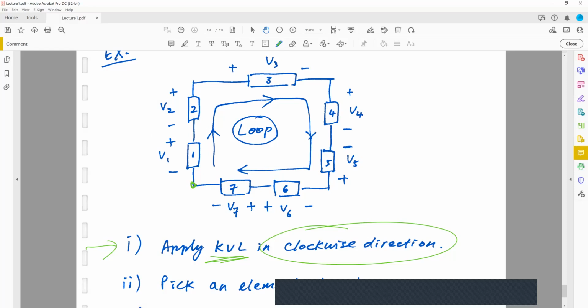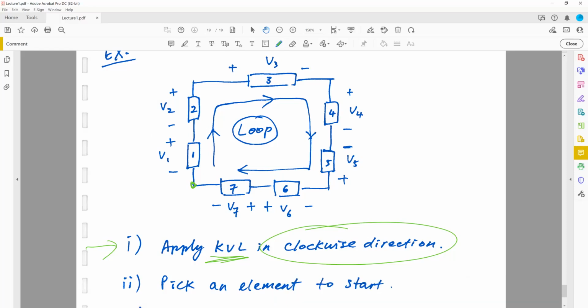And if you want to tweak these steps a little bit, you can also start on bottom right or top left, doesn't matter, as long as you end up in the same spot, completing the loop. Okay, so this is going to be my starting point and end point. I'm going to go clockwise, so I go up to the right, down to the left.